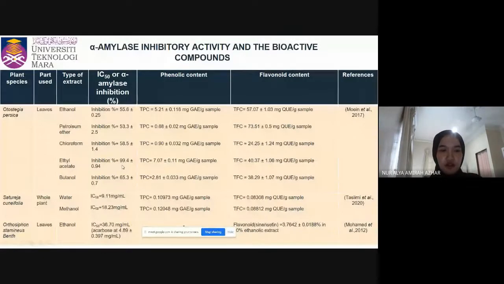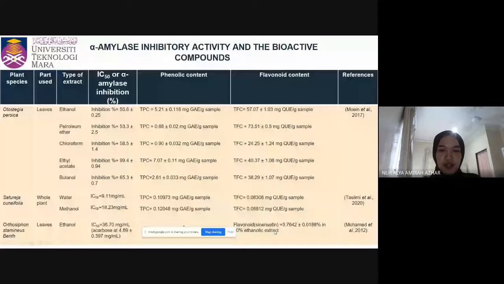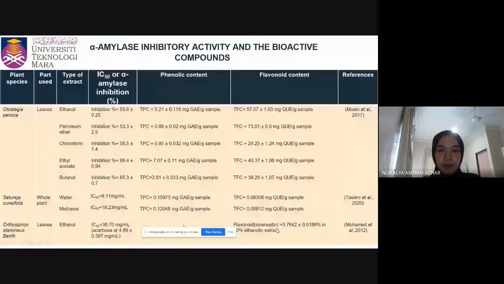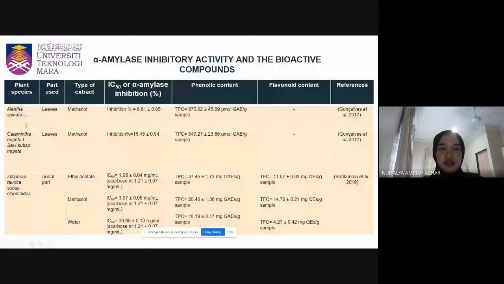And for the species Orthosiphon stamineus, it can be seen that the IC50 is very weak when compared to the acarbose, but it is the only study that isolated and identified a single compound, which is sinensetin. Sinensetin is a flavonoid in the plant itself that is believed to give rise to inhibiting alpha-amylase. The next 3 species are Mentha spicata L, Calamintha, and Ziziphora.